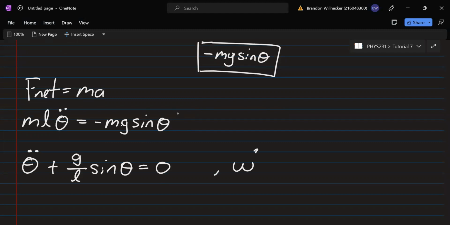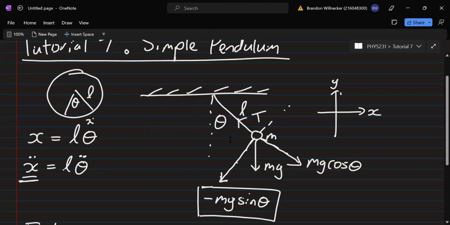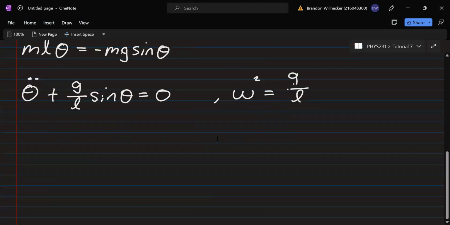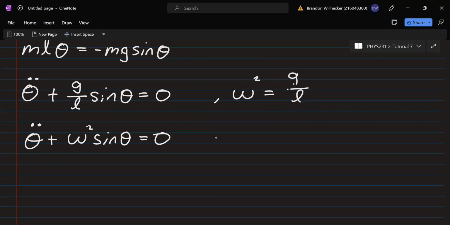We usually make the definition omega squared is equal to g over L, where omega is the angular velocity. So theta double dot plus omega squared sine theta is equal to 0.